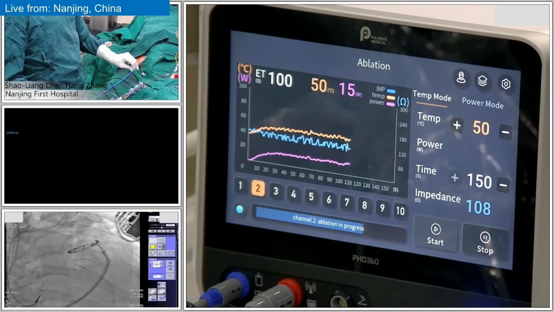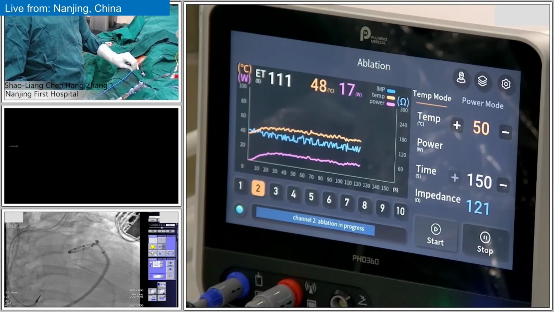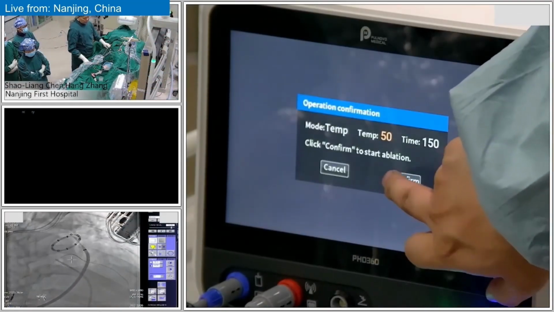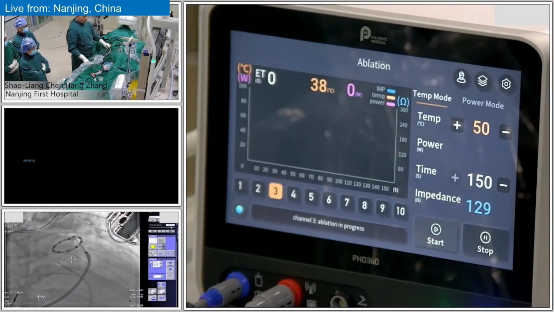Usually the machine needs at least 20 seconds to achieve a local temperature greater than 50 degrees. So I think it's fine. Right now it's 112, right? So we have finished the first round of ablation by the second electrode.